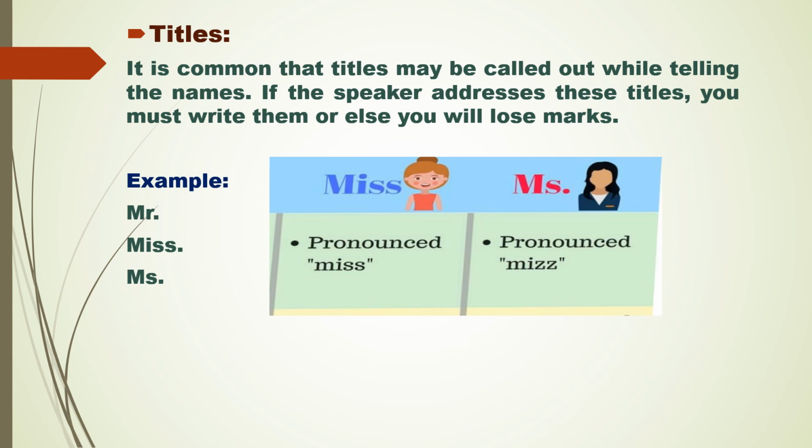Miss Helen, Ms. Helen, it will sound similar, but be clear. Still, you have to listen keenly. My name is Miss Parker. You need to be clear, so pay very close attention to listening to the names and the titles. This is the fourth thing: when the speaker says titles, write down the title.